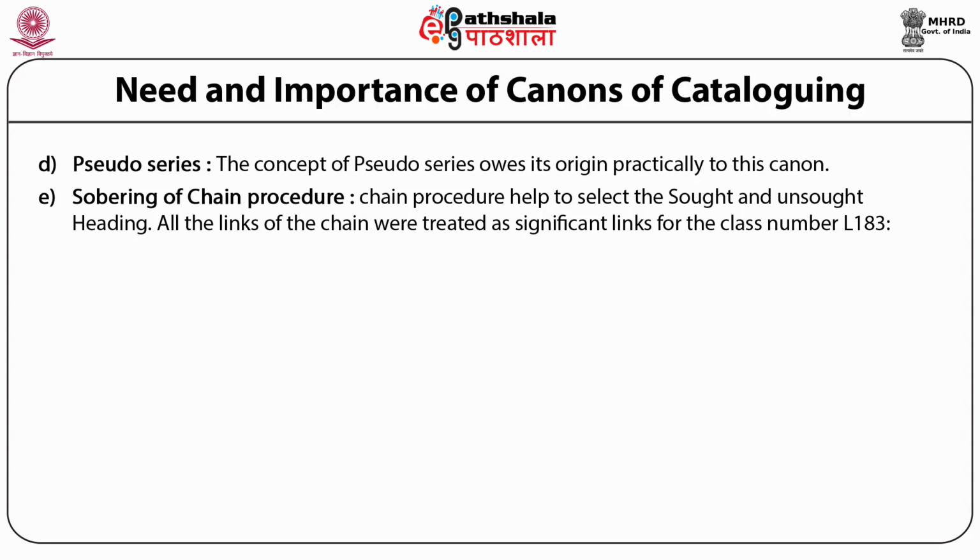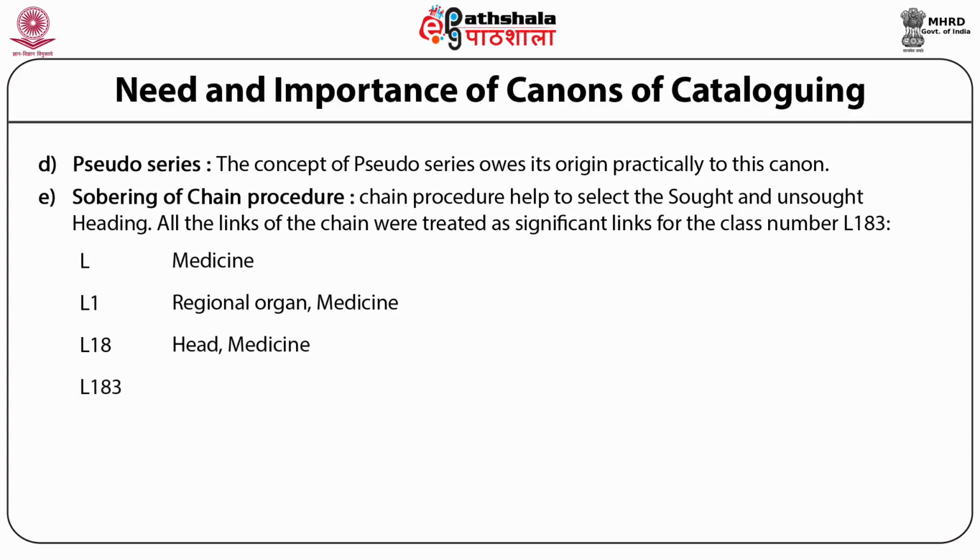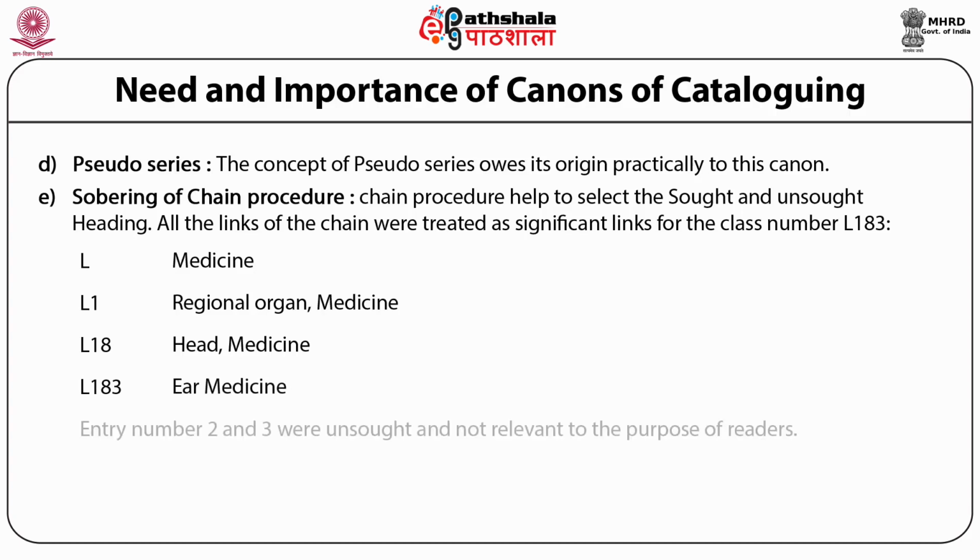All the links of chain were treated as significant links for the class number L183, where L indicates medicine, L1 indicates regional organ medicine, L18 indicates head medicine, and finally L183 ear medicine. In the above example, entry numbers 2 and 3 were unsought and not relevant to the purpose of readers.